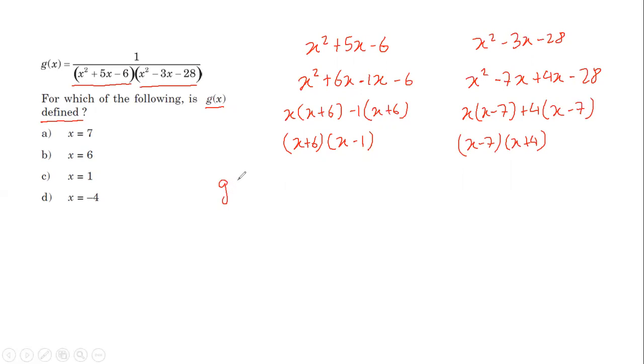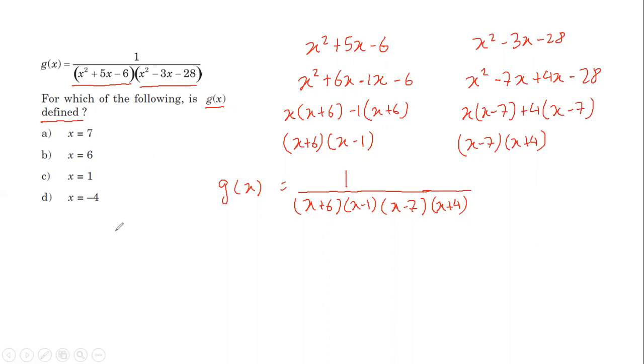Now if I write down the function, 1 over, instead of the quadratic equation, I can write x plus 6 times x minus 1, and for the other quadratic equation I can write x minus 7 times x plus 4. Now they simply want the function to be defined.